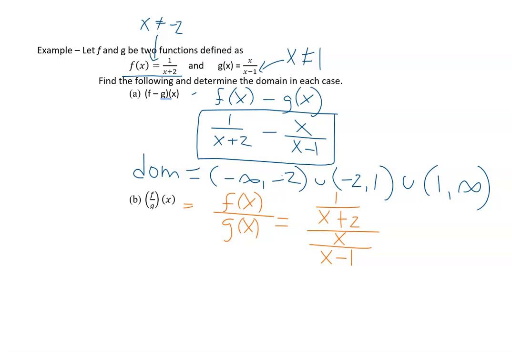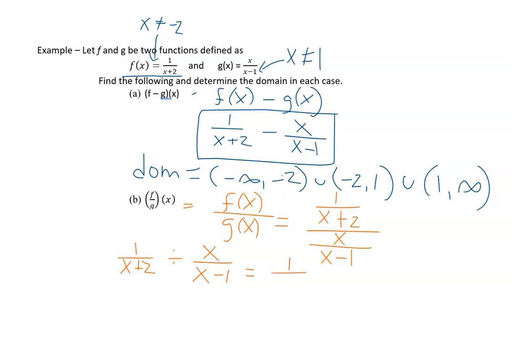Well, you're right. So let's rewrite it to make it a little easier to work with, because remember that the division bar is one way of representing division, but another way is the division symbol. So what if I rewrite it as 1 over x plus 2 divided by x over x minus 1? Well, hopefully now you go, oh yeah, that looks like a fraction. So I know how to work with rational expressions when they look like this. So how do I divide?